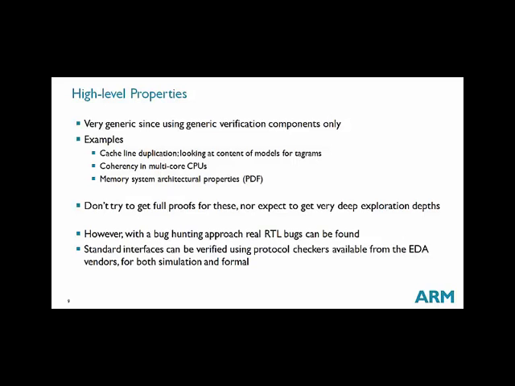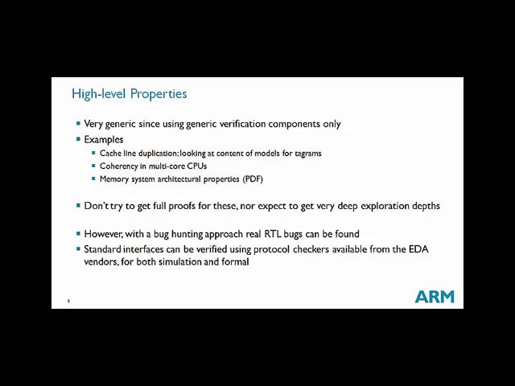We have applied high-level ABV for very important concerns, like cache line duplication, but also coherency in multi-core CPUs. And also we wanted to verify that an implementation of a memory system complies with the architecture.